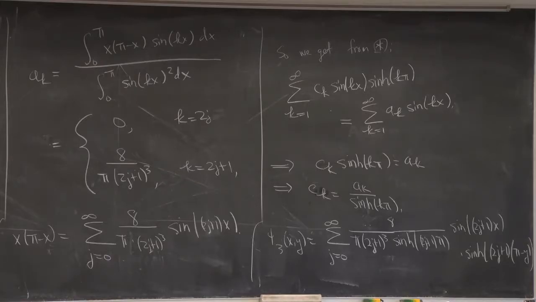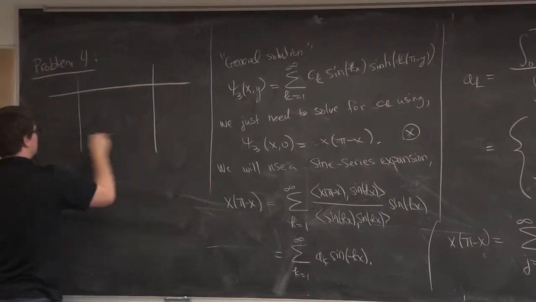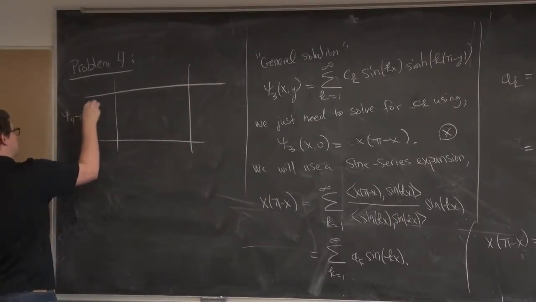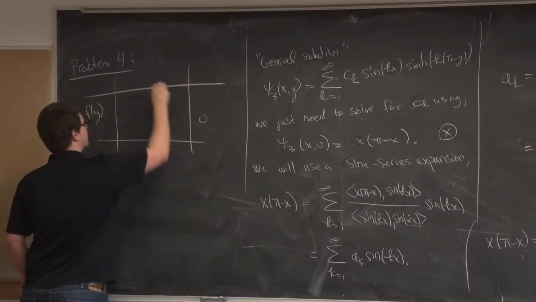So for problem 4, it is a very similar situation, except that on this side we had some unspecified functions, 0, 0, 0.